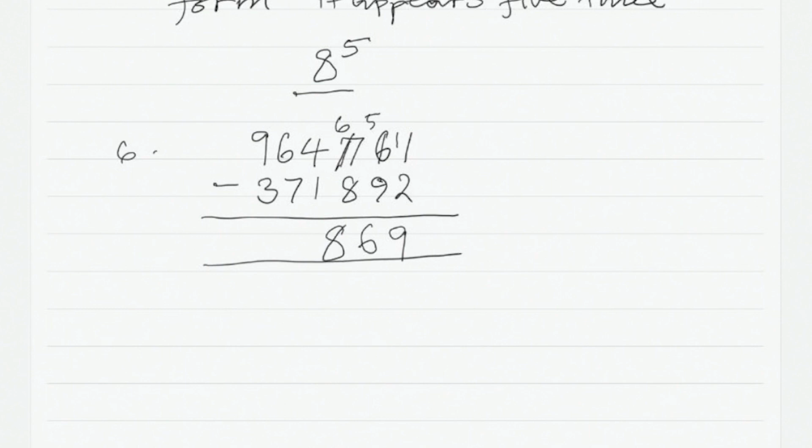So we get 1 from there, put it next there. It will give us 16. 16 take away 7. That will give us 9. Then here we remain with 8. 8 take away 3. That is 5. So if we look very closely at our question paper, the correct answer is going to be D.